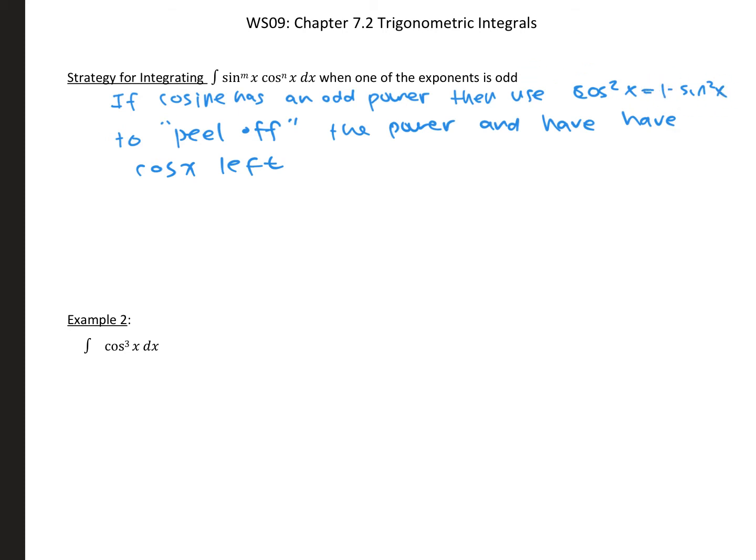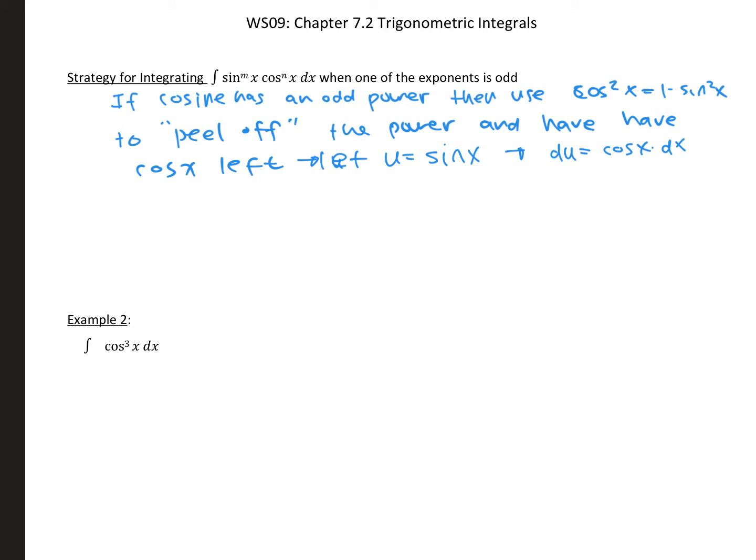So I can have it so that I only have 1 cosine left. From there, let u be sine x, then du will be cosine x dx. Then it'll make it a little bit easier to calculate.